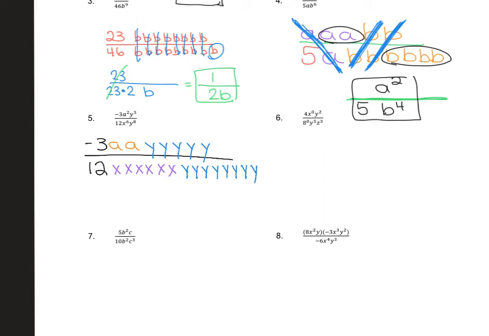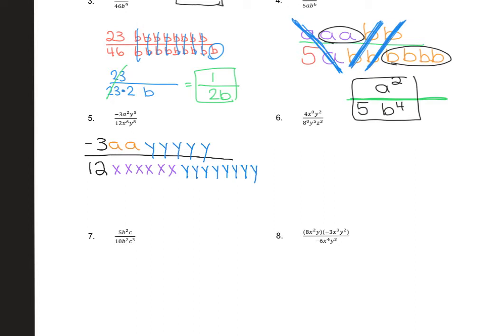So even just looking at the color codedness of it, you can tell with the coefficients, as long as it simplifies, you can do something with it. The a's and the x's you can't do anything with, but the y's you can. So I'm going to see how many I can knock out there.